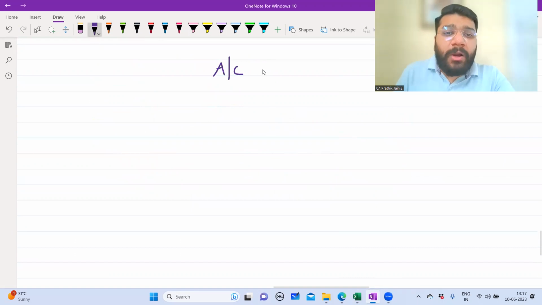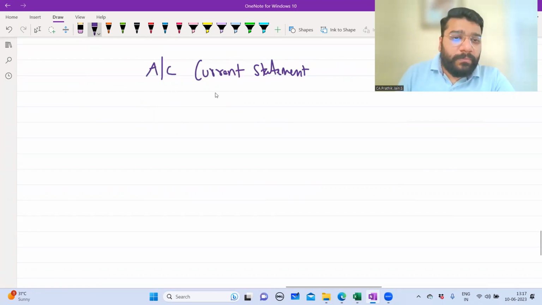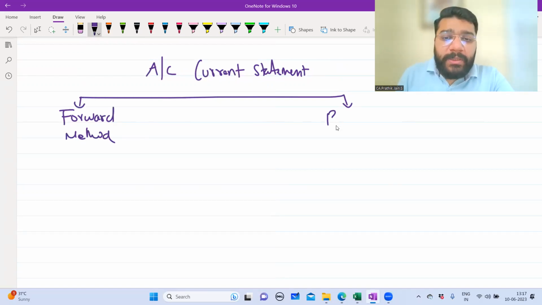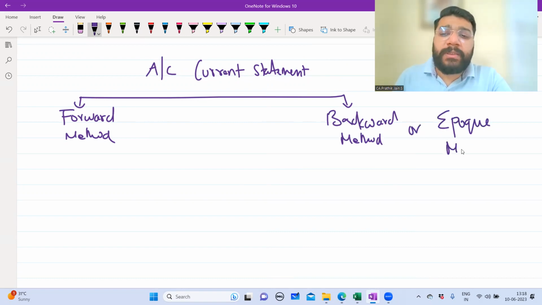You can prepare the account current statement in two broad methods. One is the forward method. Another one is called the backward method. The backward method is also known as the epoch method.